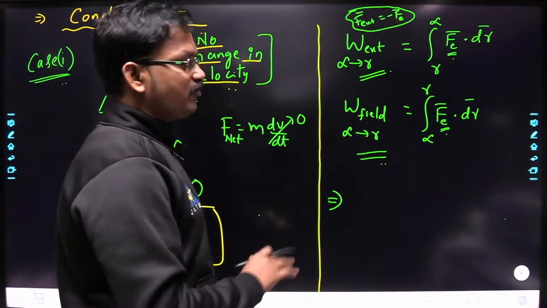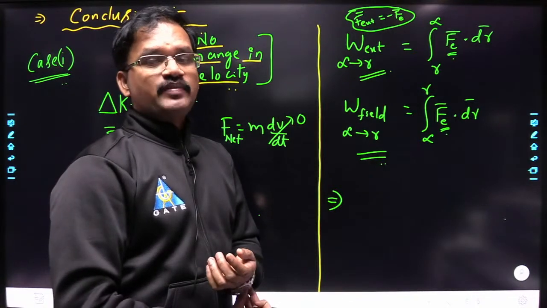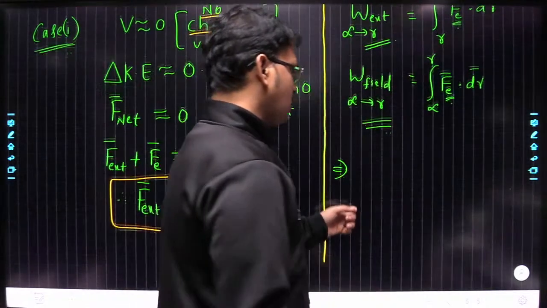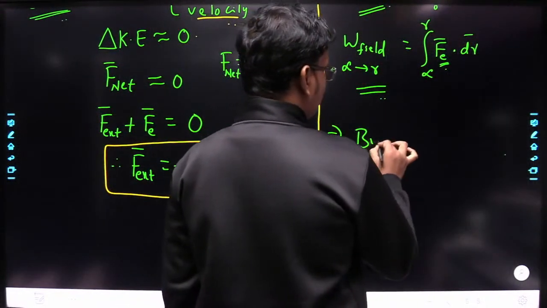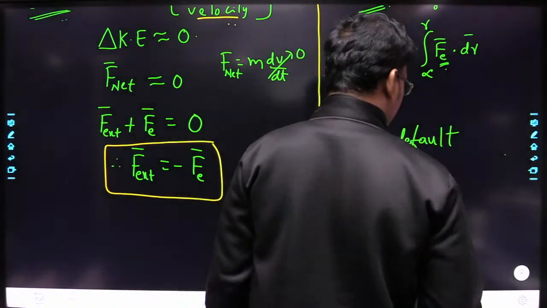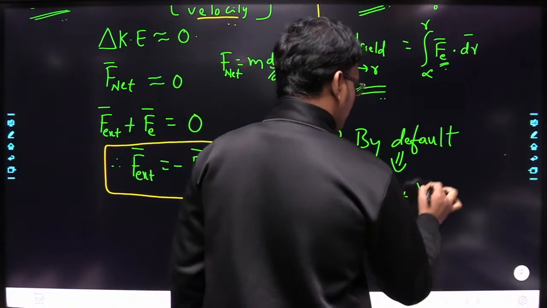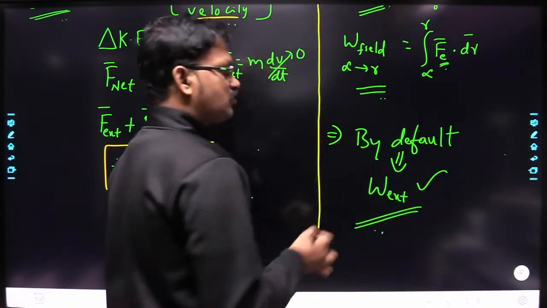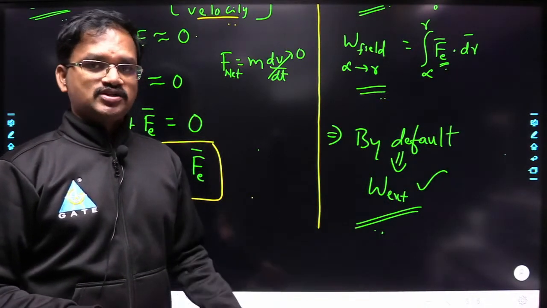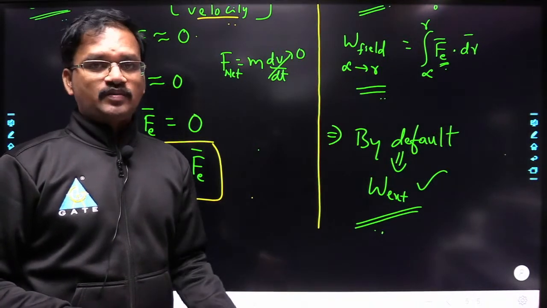So, from here onwards, whenever I say work done, by default it is the work done by the external agent. From here onwards, by default, we are always going to consider the work done by the external agent.